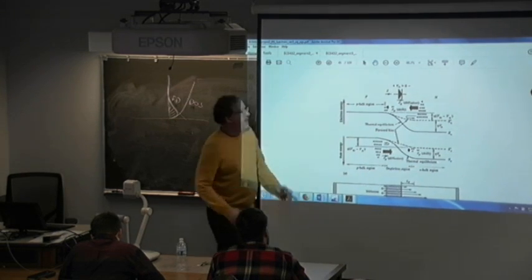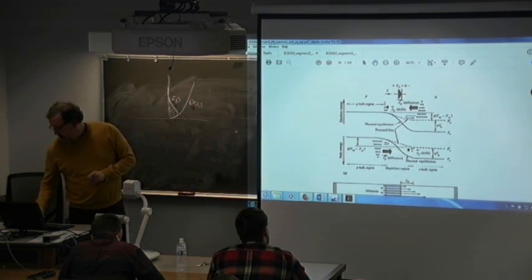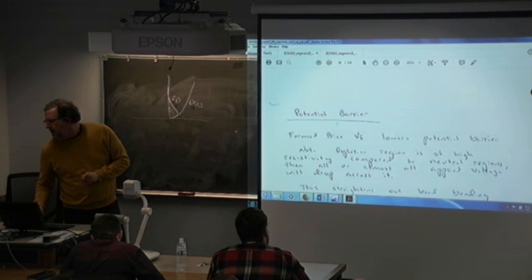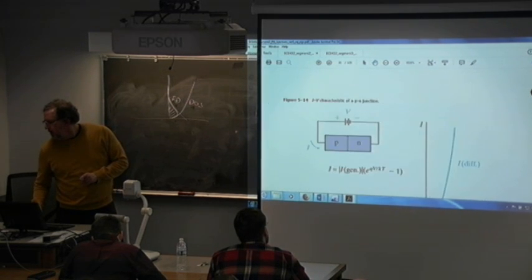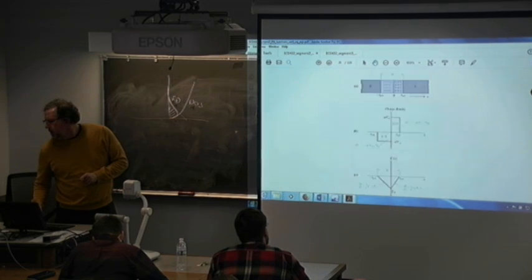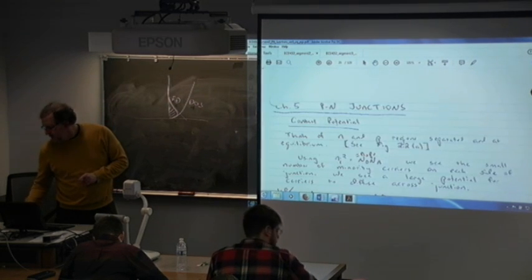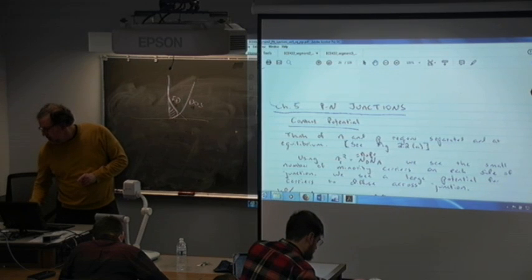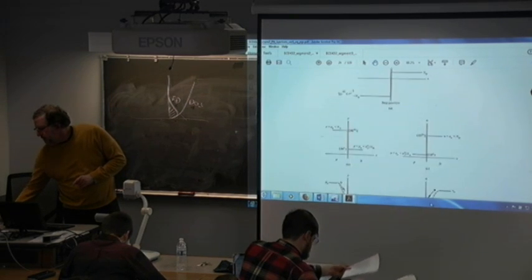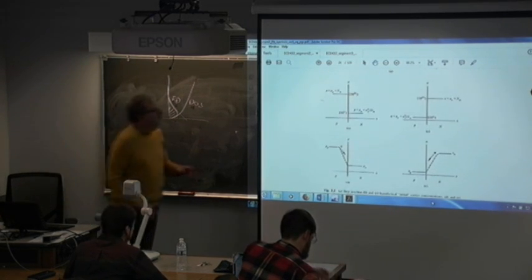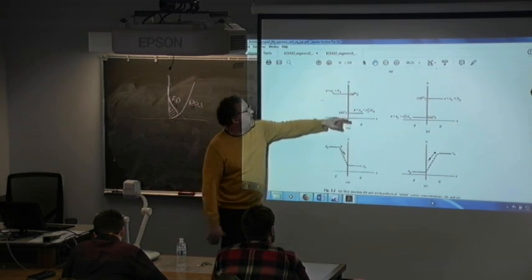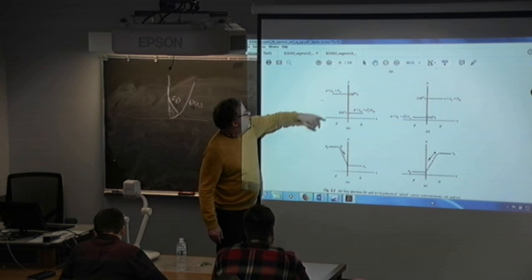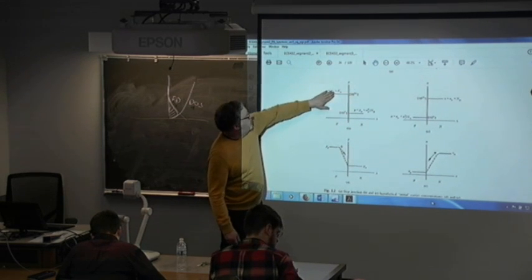To re-emphasize, when we started with the concentration gradient that drove everything, we were looking at the majority carriers up here.